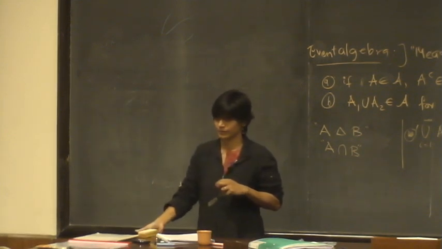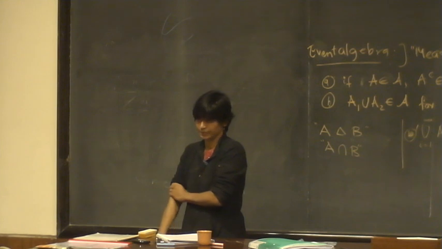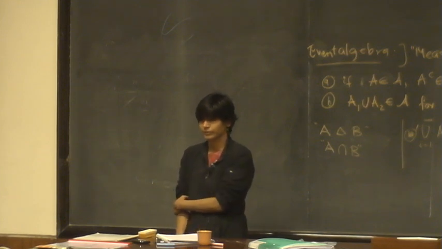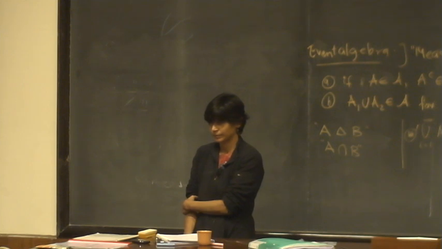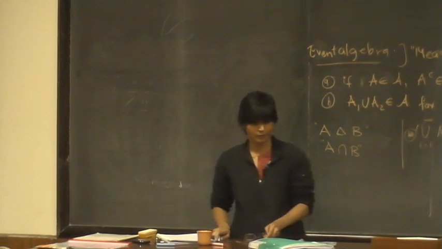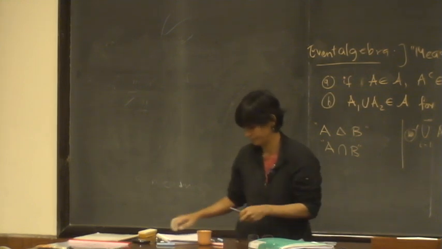Nevertheless, there are in principle questions that you could ask, not in practice, but in theory, that would not be in the sigma algebra. To actually come up with one of those questions, you need to invoke the axiom of choice. In fact, if you deny the axiom of choice, then you can't even prove that such questions exist.